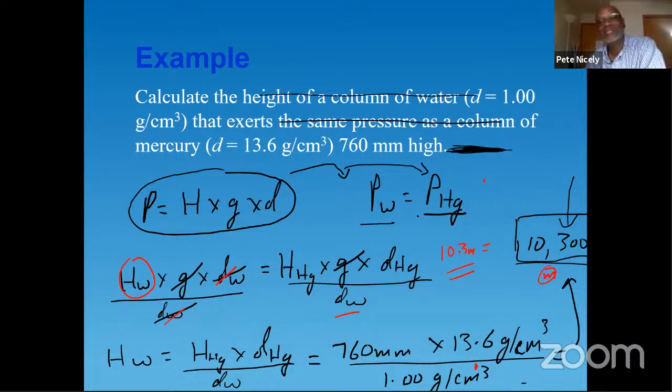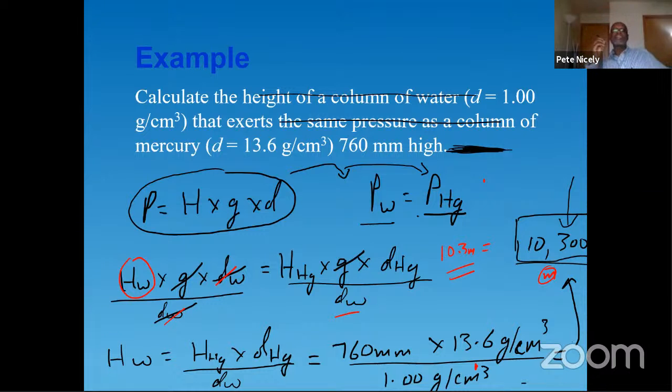And just to give an idea as to what 10.3 meters looks like, my height is approximately 2 meters. In fact, I'm just under 2 meters tall, right? So if we were to use water instead of mercury, you need a tube which is 5 times my height, right? In other words, most rooms could not accommodate such a tube.